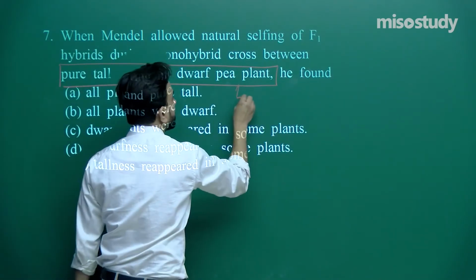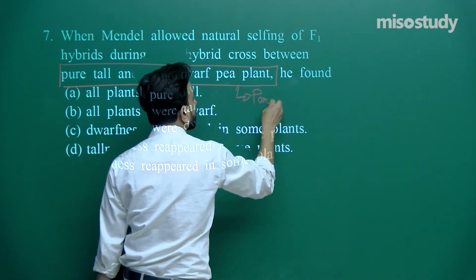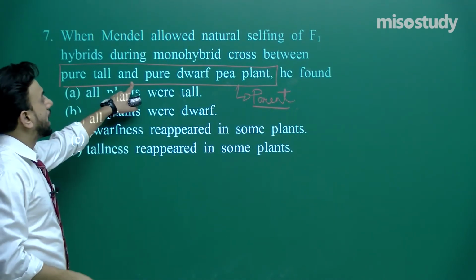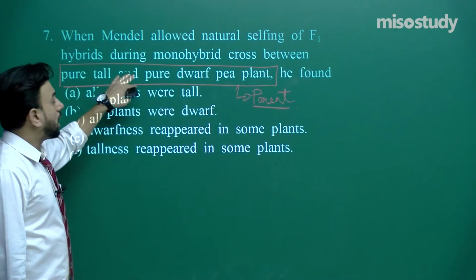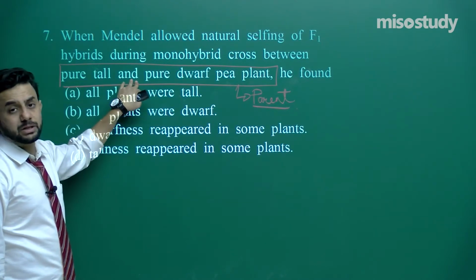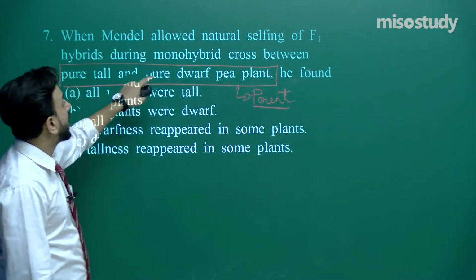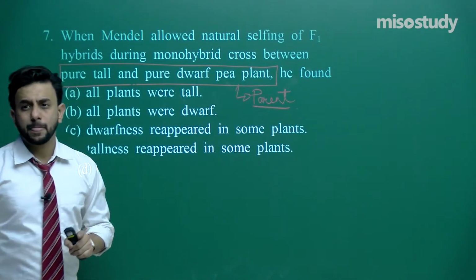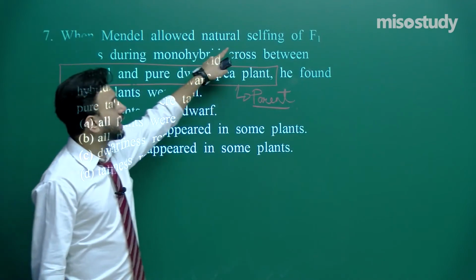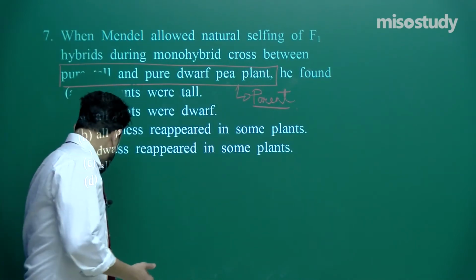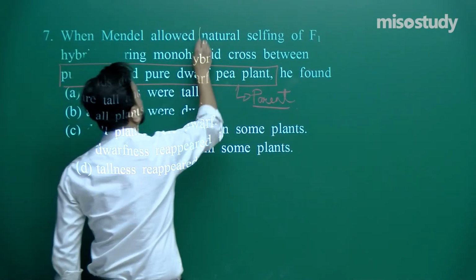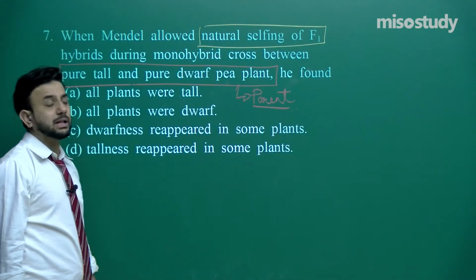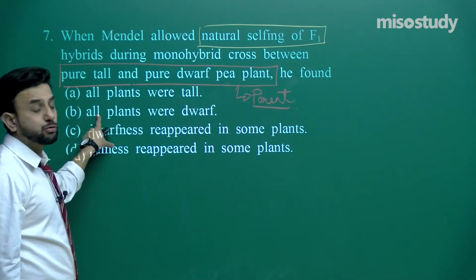This is the parent. Among these parents, the crossing will be done for a monohybrid cross, and whatever F1 generation offspring we are getting, we have to make them go through natural selfing, and then we will obtain the F2 generation.